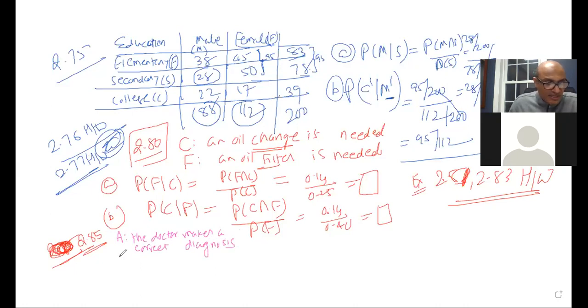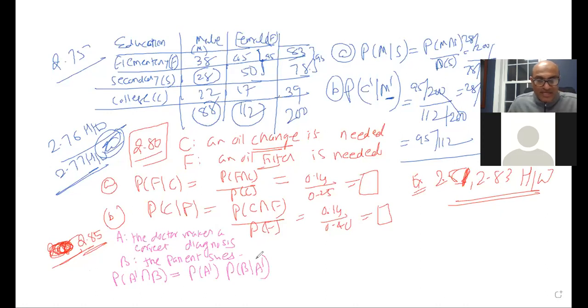Event B is the patient sues. And we are asked, the doctor makes an incorrect diagnosis, means A complement, intersection, patient sues. That is equal to probability of A dash times probability of B given A dash.